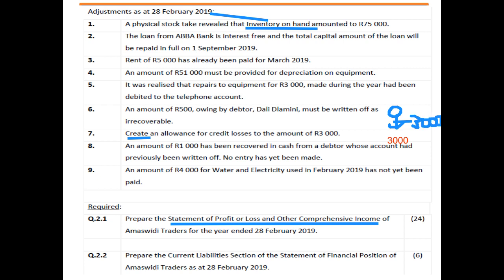So how did I find this 3,000 here? I said 3,000 minus 0. I said 3,000 minus what? 0. So the increase that I made during the period is the increase. I increased from 0 to 3,000 because next time you're gonna have an amount here.